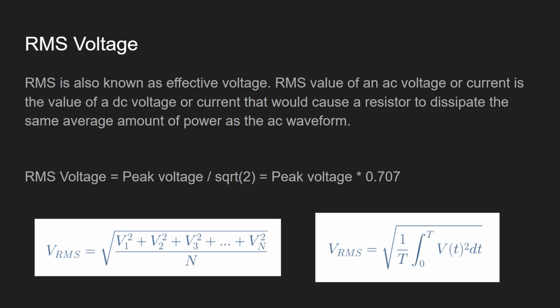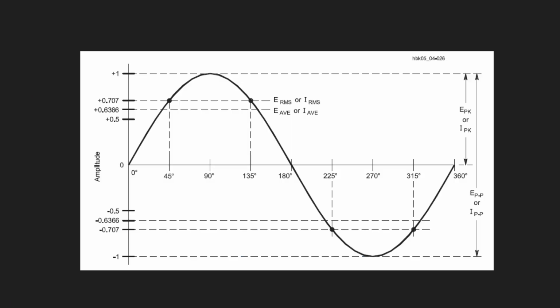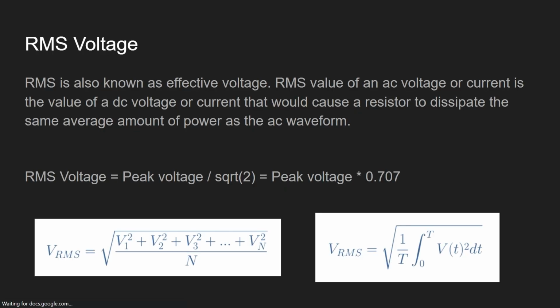I want to go a bit deeper. If one day you encounter a square wave or a more complex waveform, you do the same thing. You take every point, square it, and divide by n. If you do integration, you take this formula.